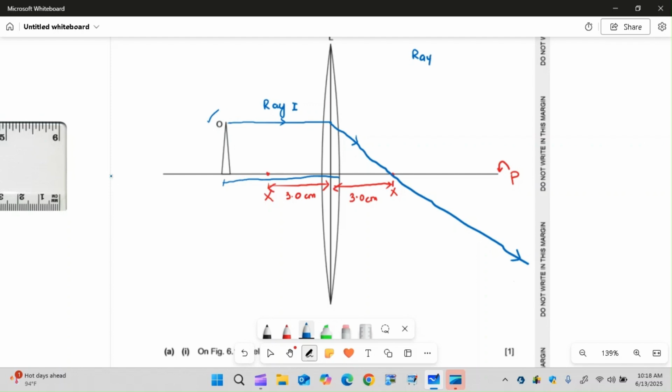So I'm just mentioning here: ray 1 parallel to P passes through F. Okay. The second ray is the ray that will pass through the optical center, going through here, and it goes straight.